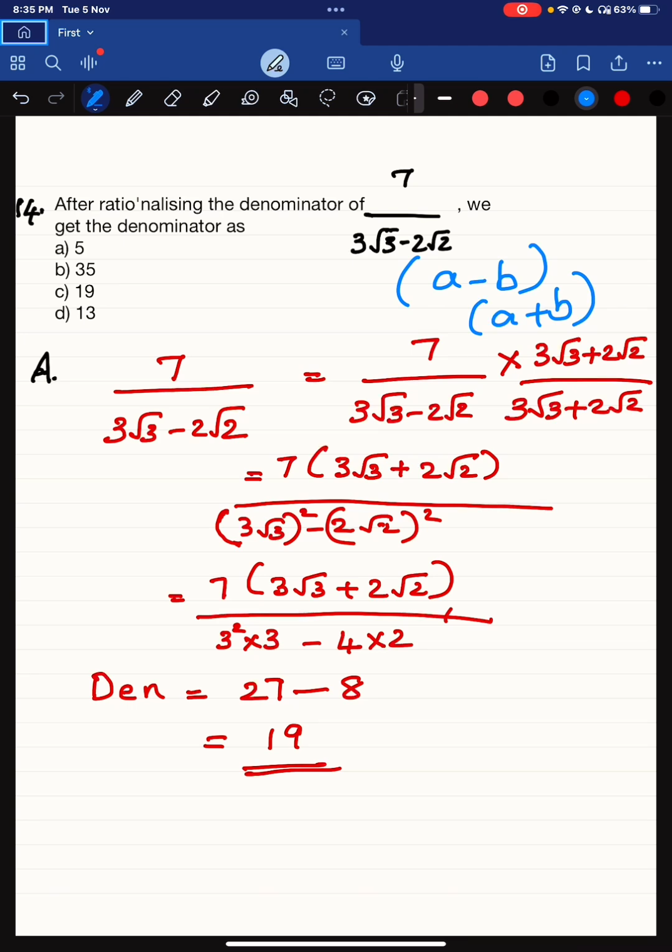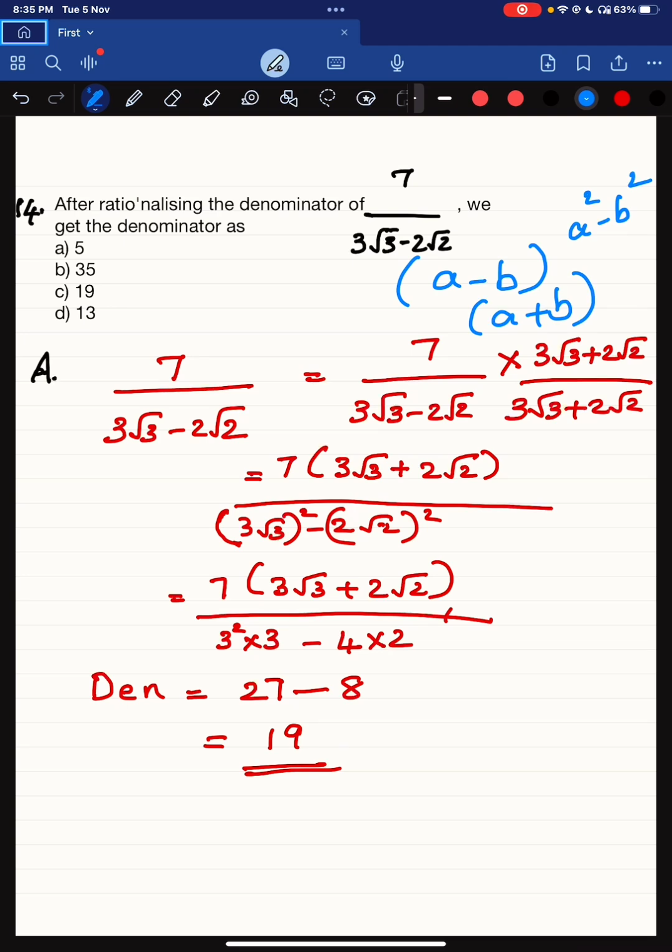Here a is 3 root 3 and b is 2 root 2. So what is a minus b into a plus b? It is a square minus b square.